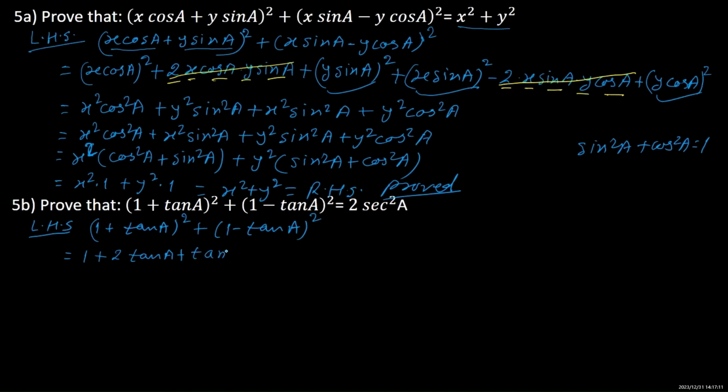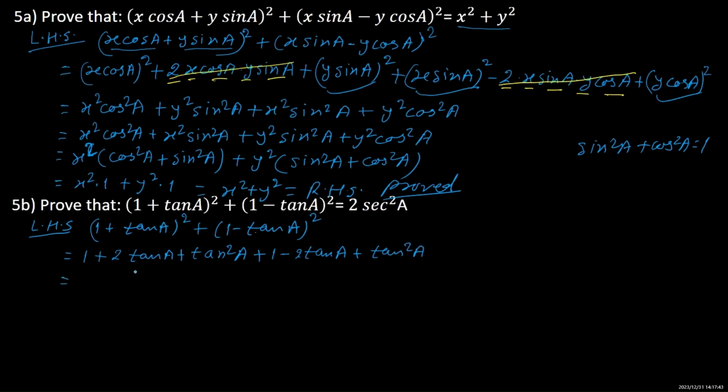That means tan square A. And similarly here also we'll apply the formula of (a - b) whole square. We'll get 1 square minus 2 into 1 into tan A, 2 into 1, 2 only, 2 tan A plus tan square A, minus 2ab plus b square. B square means second term square, that is tan square A.